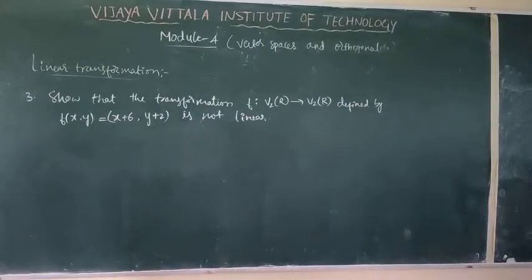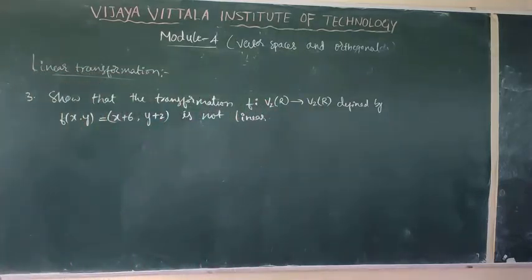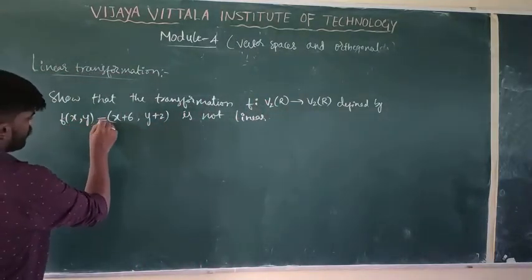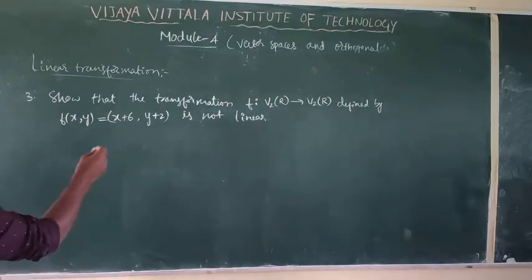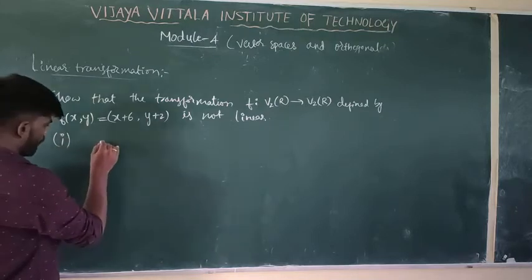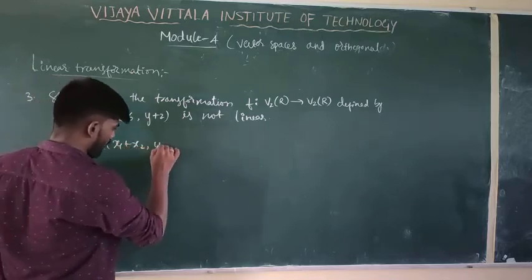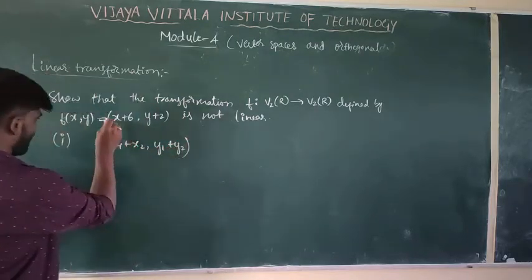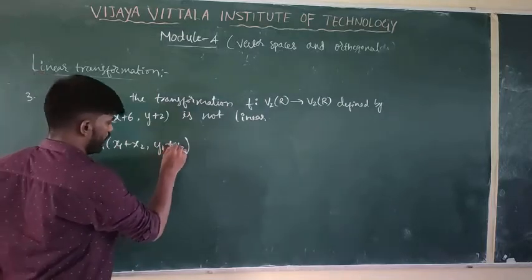Show that the transformation f from R2 to R2 defined by f of (x, y) equals (x plus 6, y plus 2) is not linear. We have to show that this is not linear. For this, consider the first condition, which is f of (x1 plus x2, y1 plus y2). For x we take x1 plus x2, and for y we take y1 plus y2.